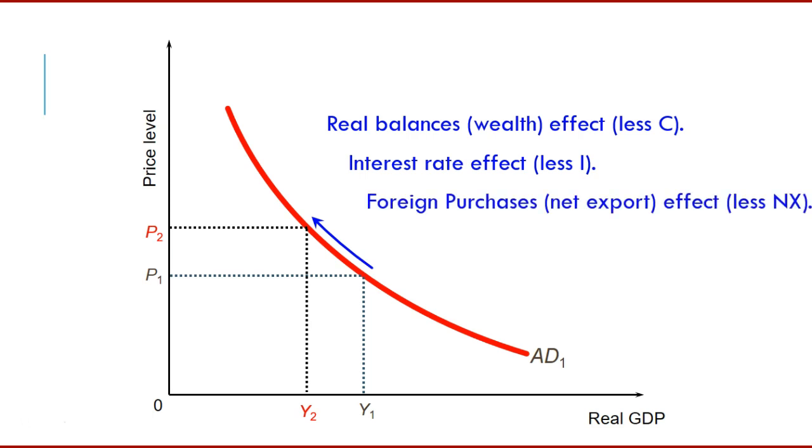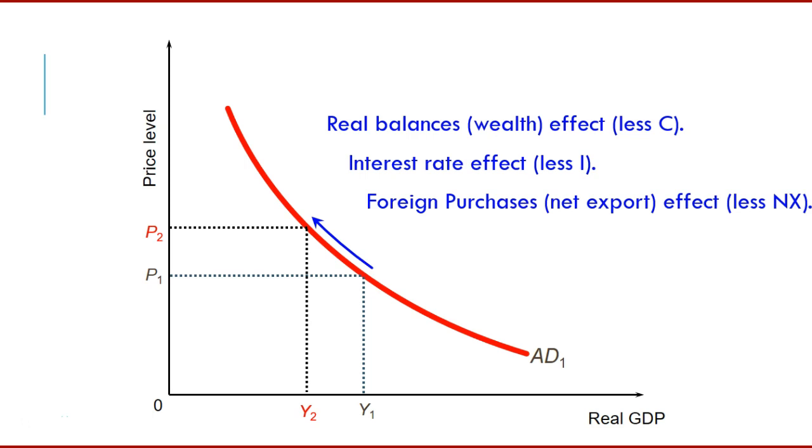And then we've got the foreign purchases or net export effect. So when prices rise, this is the prices of domestically produced goods and services, it means that Australia's exports become more expensive, whereas the prices of imported goods don't increase in price. So not only would our exports become less competitive, in the short term anyway, and therefore the quantity of exports purchased would fall.